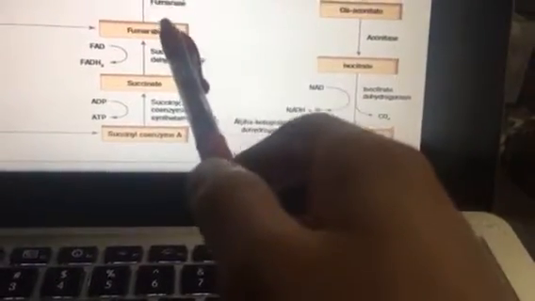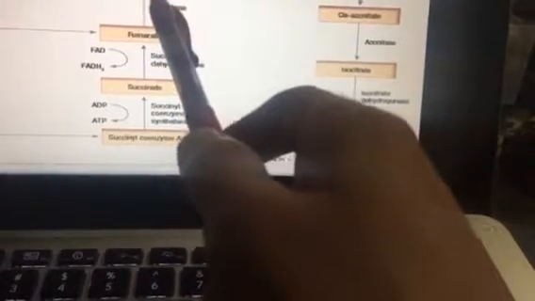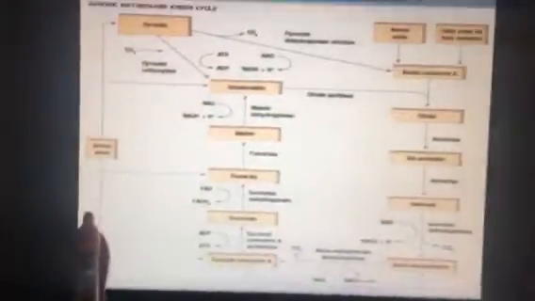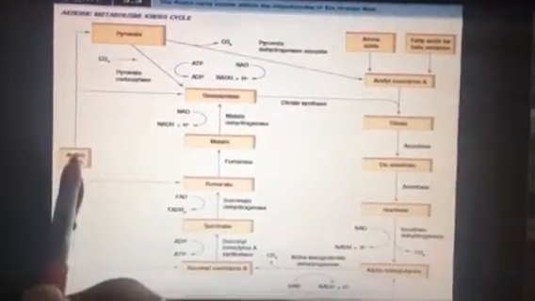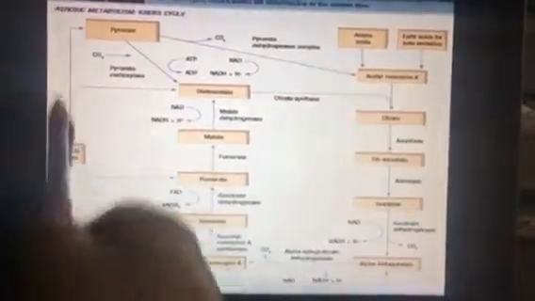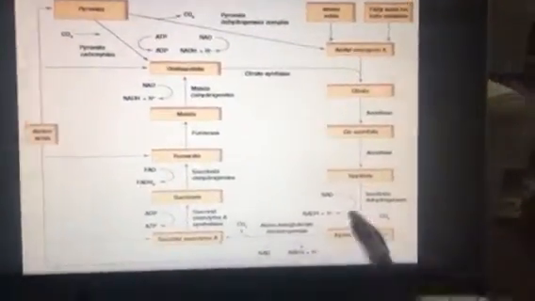Fumarase, the enzyme, catalyzes this into malate with a byproduct, and then with malate dehydrogenase, you have a byproduct of an ion, and you're back up to oxaloacetate. And as you can see, you have other factors over here, amino acids. It's all just one big cycle. Everything is cycled back together. Pyruvate goes to this, and it all circles back around.